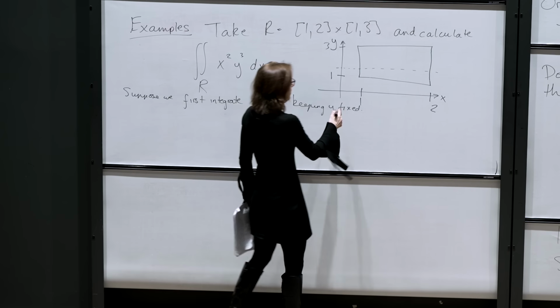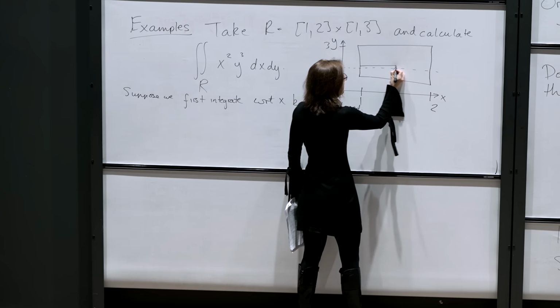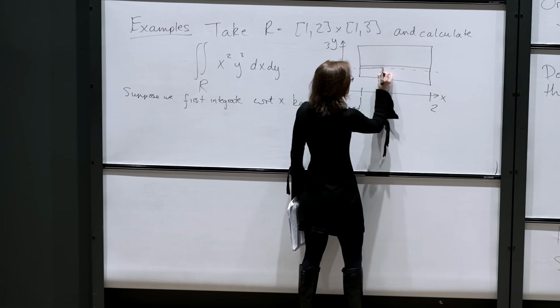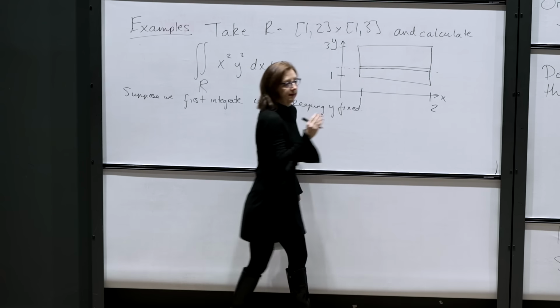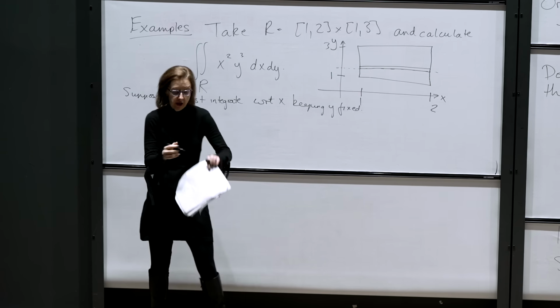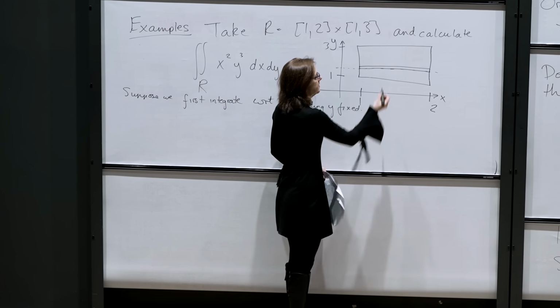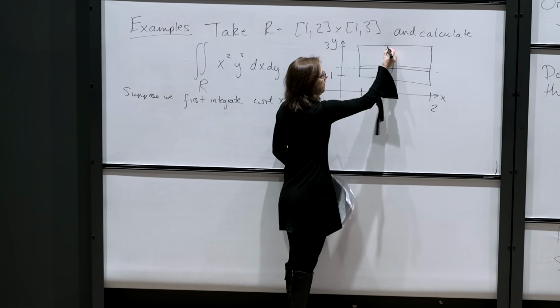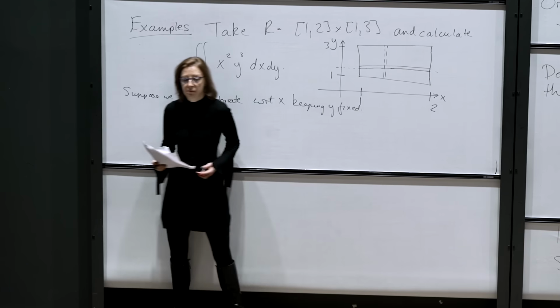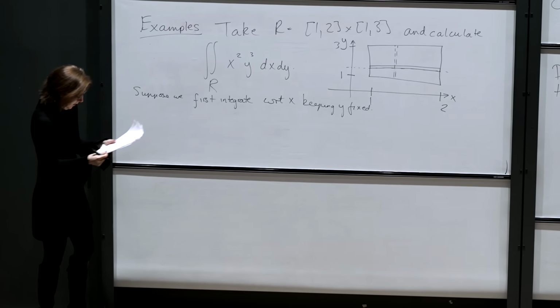So what we're doing in this sense is we split our domain up into lots of slithers that are horizontal, and then we sum them all up. Equally, we could have integrated first with respect to y, keeping x fixed, and when we do that, we split the domain up into slithers that are vertical. But it makes no difference.